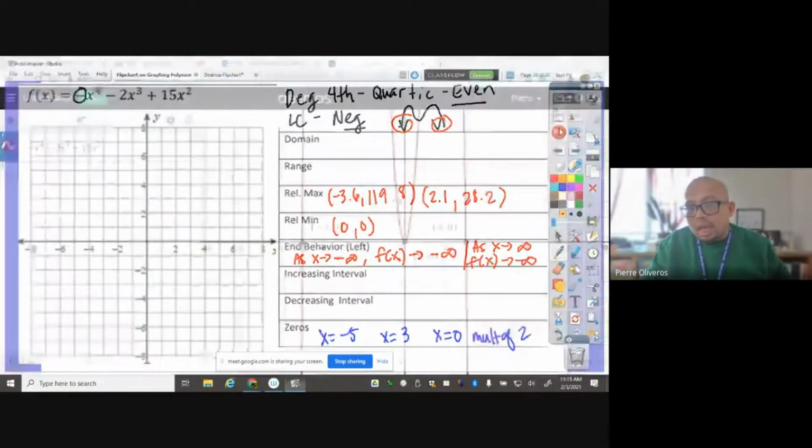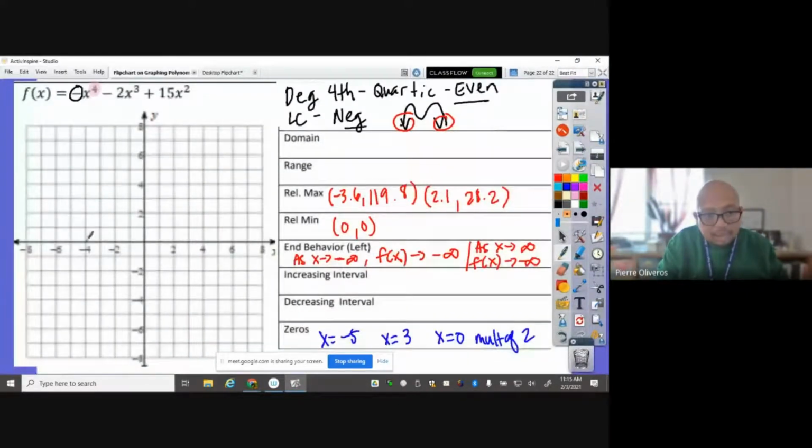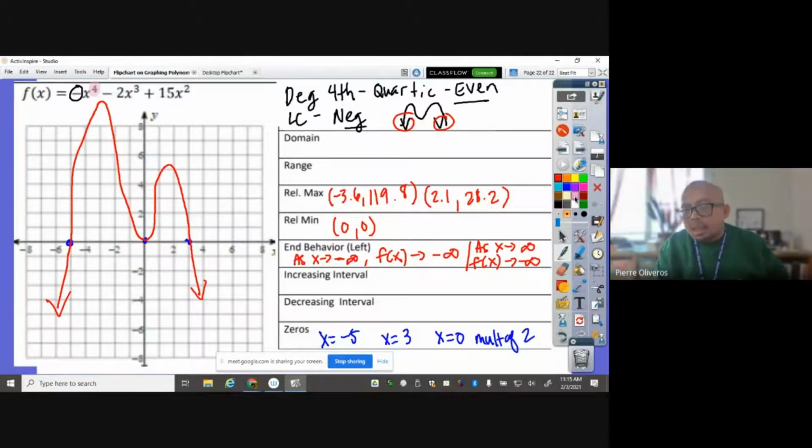So let's look at our intervals now. We know that it crossed at -5, 0, and +3. The graph looks something like this: cross that, go very high there, bounce at 0 and go back down. Anyway, we know that these two purple points are our relative max, and this yellow-orange point here is our relative minimum.